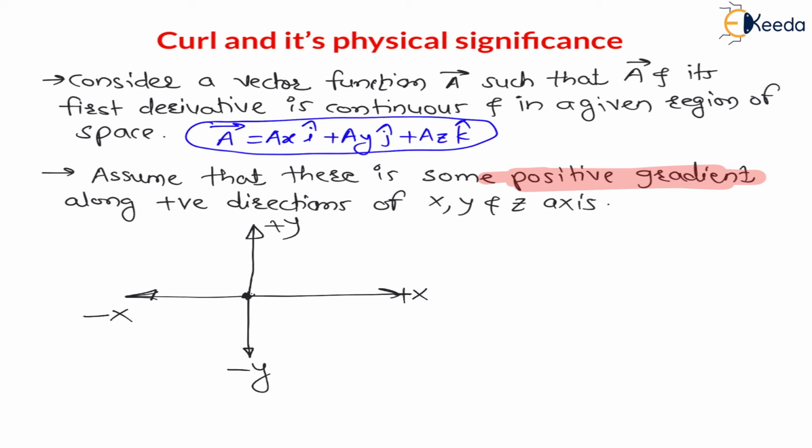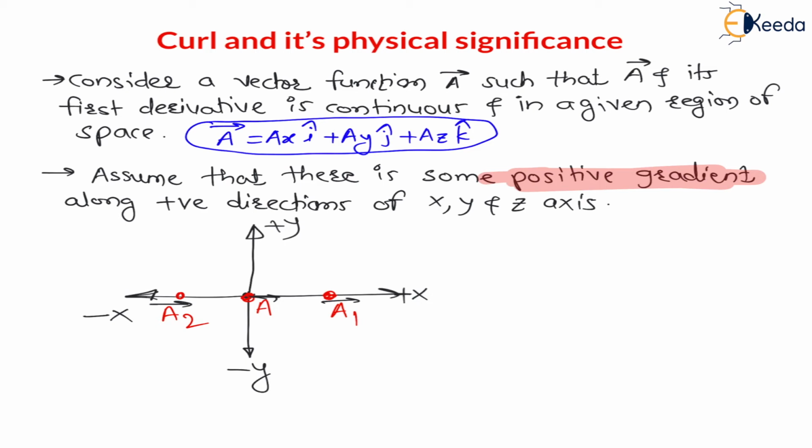So my dear students, let us say this vector field at this location is a1, at this location a2, and at the center it is a. Along the positive x-axis this vector field a is increasing. It is a vector field, so don't forget to apply the arrow.